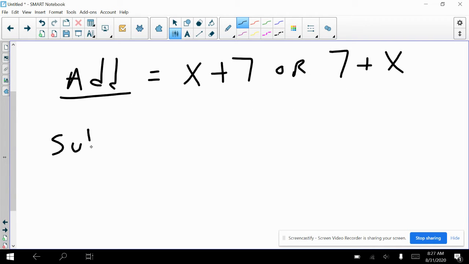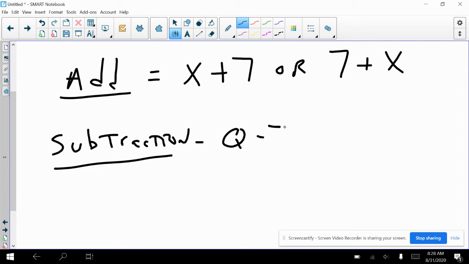Subtraction. Q minus 7. Can we write it 7 minus Q and get the same answer? No, we cannot. So you cannot switch subtraction.